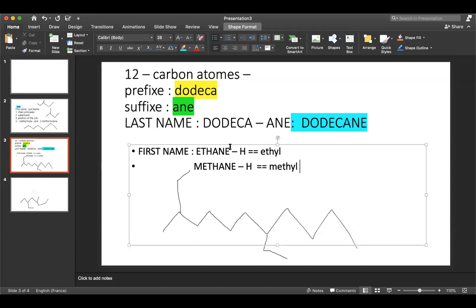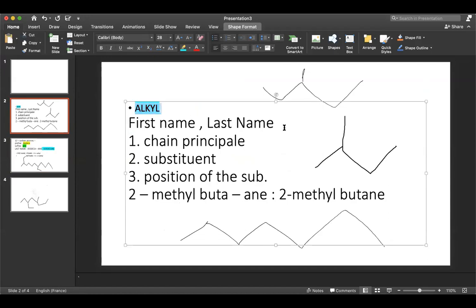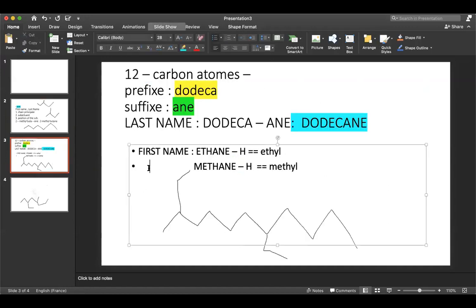So in this case, the name of this compound will be, this is the first name. We said the formula is the first name plus the last name.